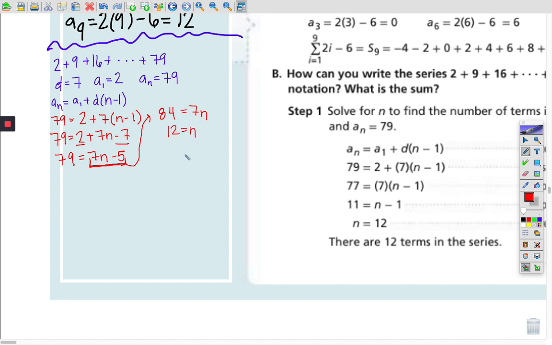If 12 equals n, how many total terms do I have? 12 is correct. So to write it using that sigma notation, I'm going to write it in a different color. I would take my sigma notation.